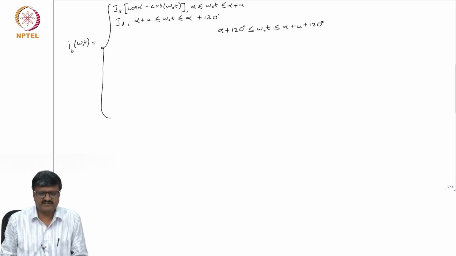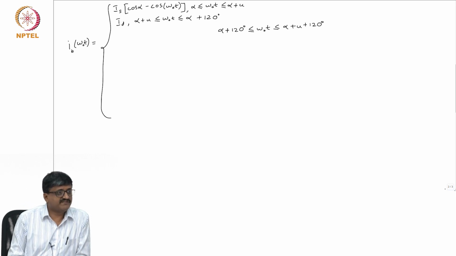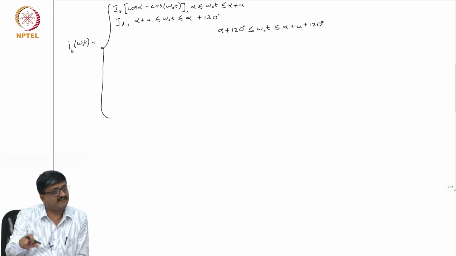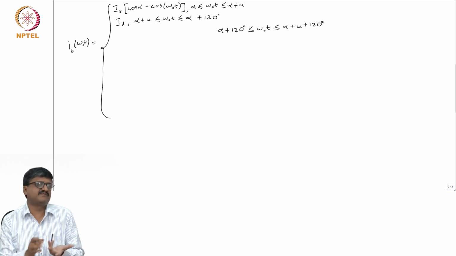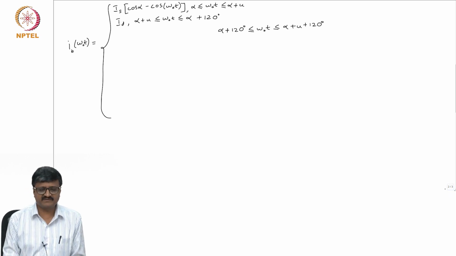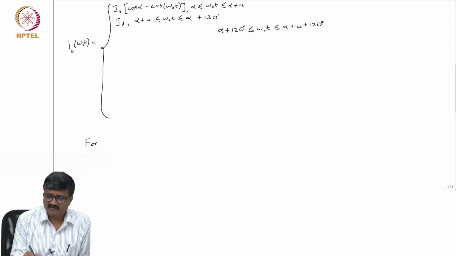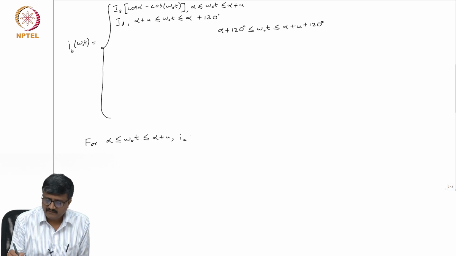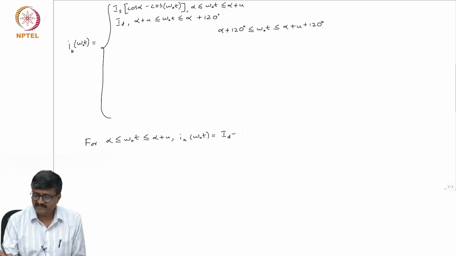I need to use one more equation. So, what is IA? I do not have the expression for IA in the subinterval alpha to alpha plus u. What I have is the expression for IB from alpha to alpha plus u. So, if I know IA from alpha to alpha plus u, shift it by 120, I get the expression for IB. So, what is the expression for IA from alpha to alpha plus u? For alpha less than or equal to omega OT less than or equal to alpha plus u, IA of omega OT is nothing but ID minus IB of omega OT.